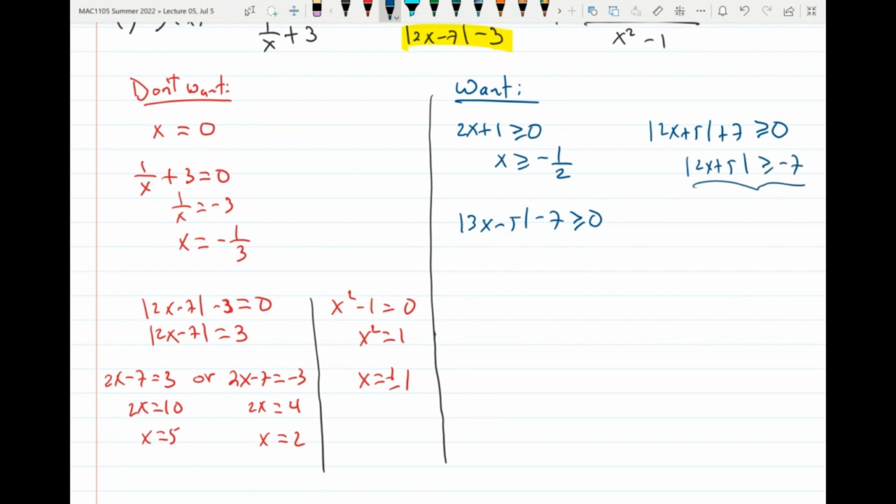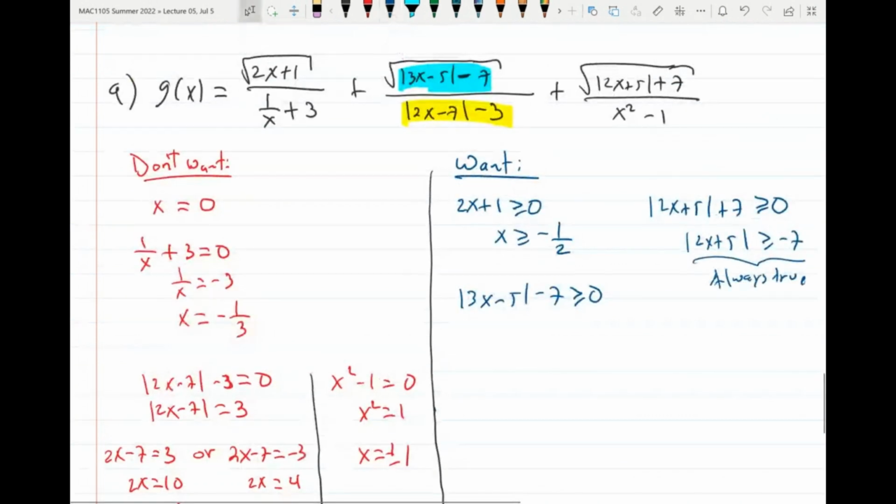So what's the answer here? All real numbers. So this is always true. In other words, what this means is that as far as this radical is concerned, x can be whatever you want, because you will never get something negative down there. Do you understand this? So this guy doesn't really impose any restrictions. So really, the issue comes down to these 2 guys. Okay? This one doesn't matter. Now, if it would have been, let's see.